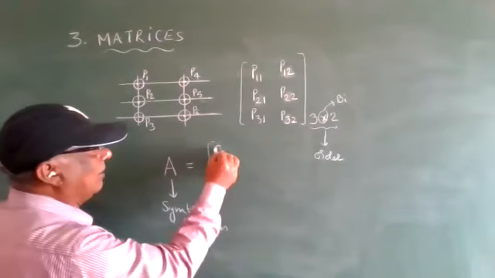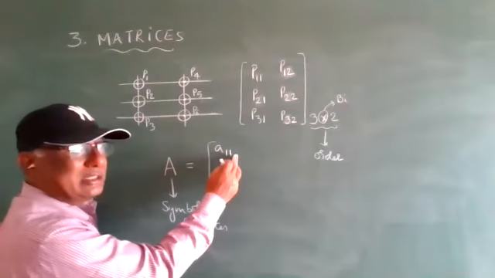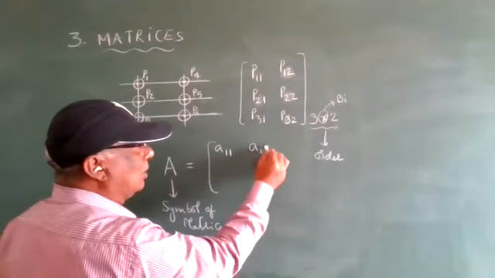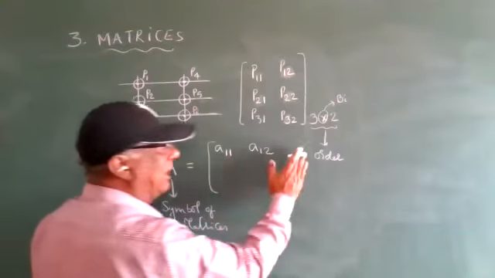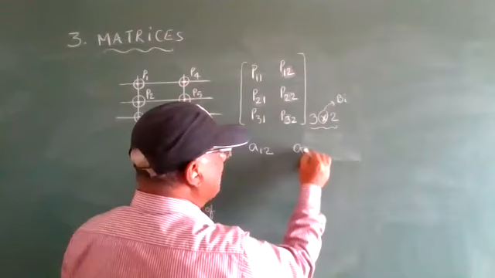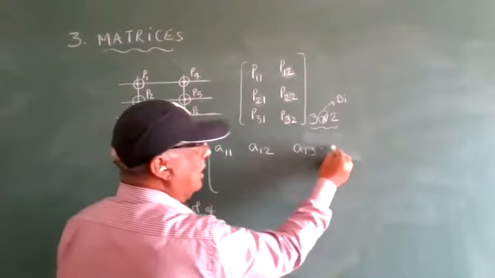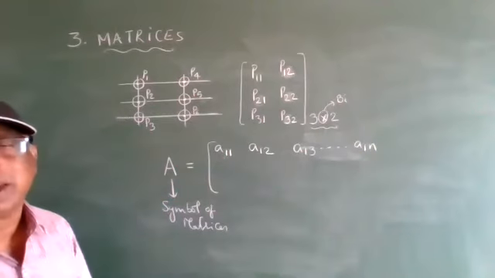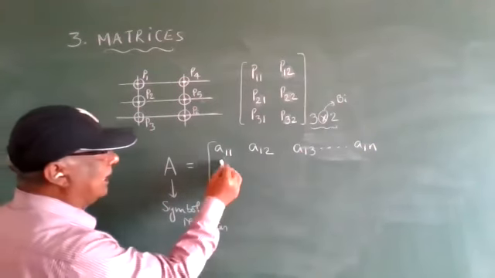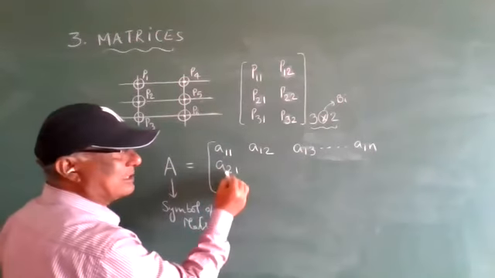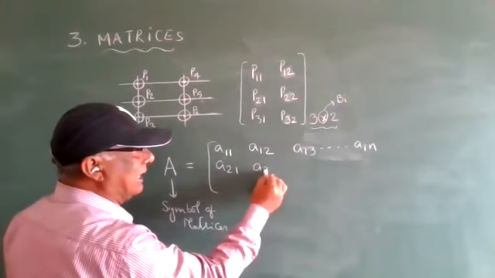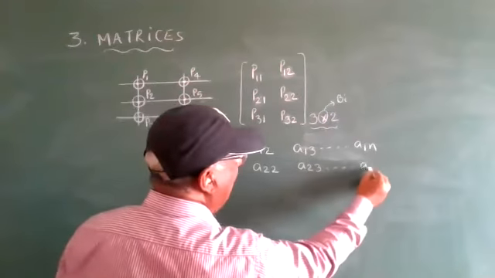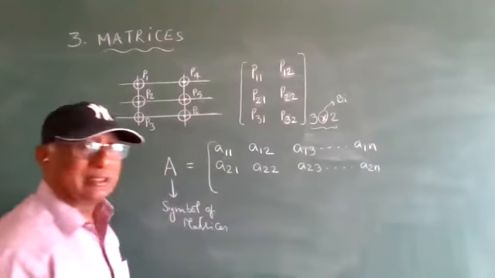A11 means first line, first point. A12 means first line, second point. A13 means first line, third point, and so on. A1n means first line, nth point. So A21, second line, first point; second line, second point; second line, third point, and so on. A2n, second line, nth point.